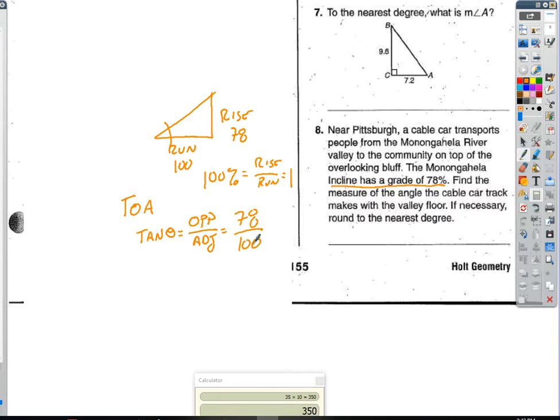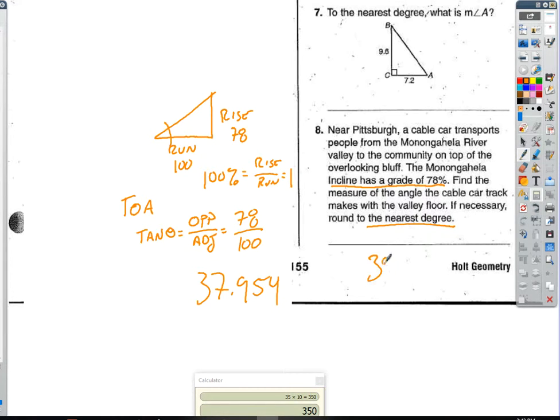So what I'm doing is I'm going to go 78 divided by 100, and I get 0.78. Shocking. And I'm going to do the arctangent, and I get an angle that is 37.954. It says, if necessary, round to the nearest degree.